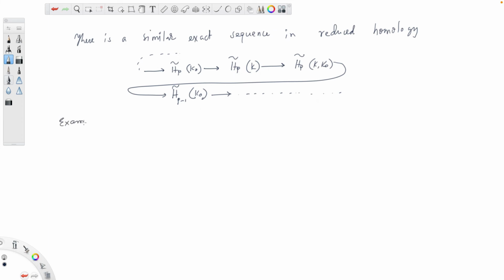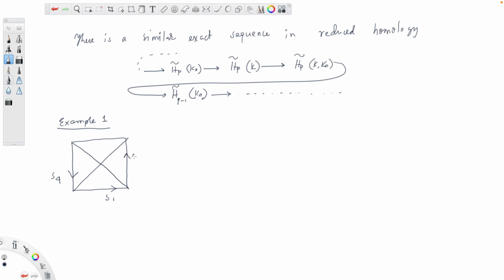Example 1. Let K be the complex pictured below. So this is the complex that we are discussing, whose underlying space is the square here. This is S4. This is S1.